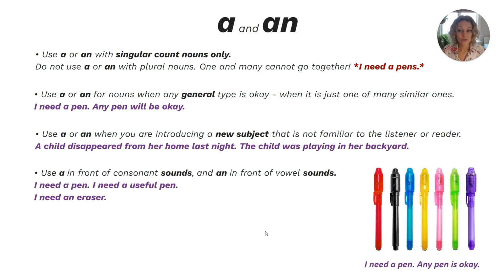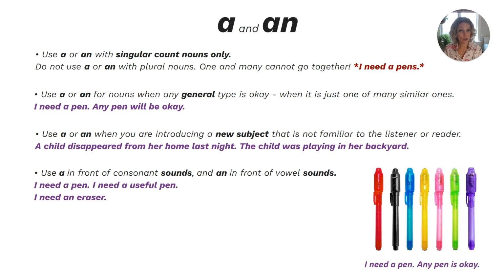Use a in front of consonant sounds and an in front of vowel sounds. So you'll notice that I'm saying sounds, not letters. So you can say, I need a pen, but you also need to say, I need a useful pen, because the word useful has a y sound, and that's a consonant sound.